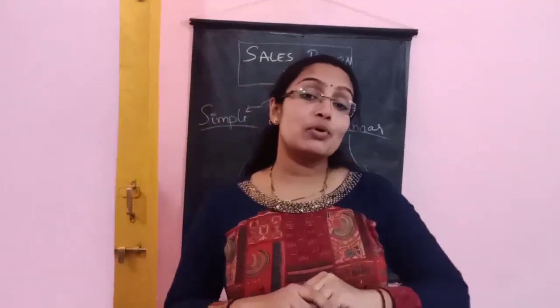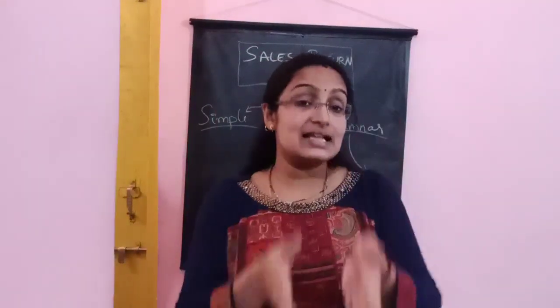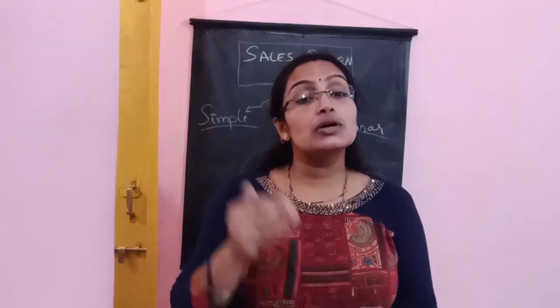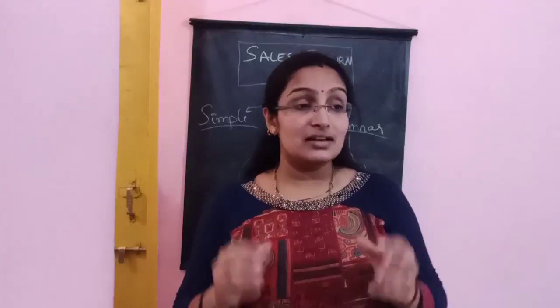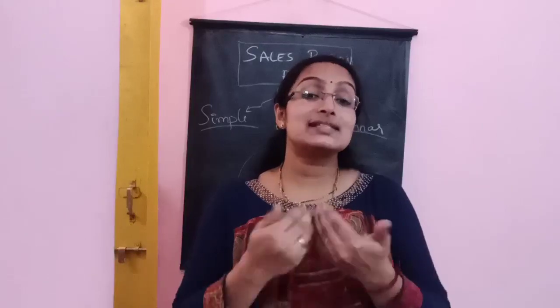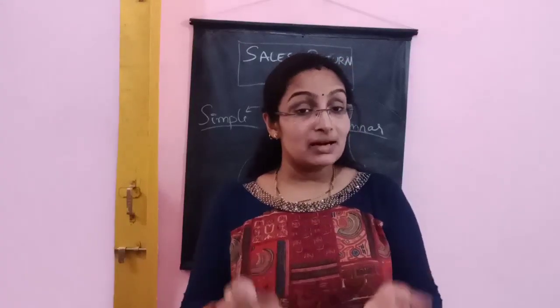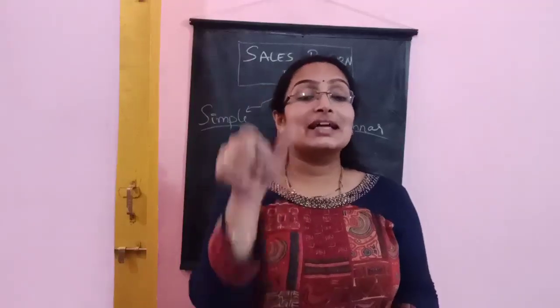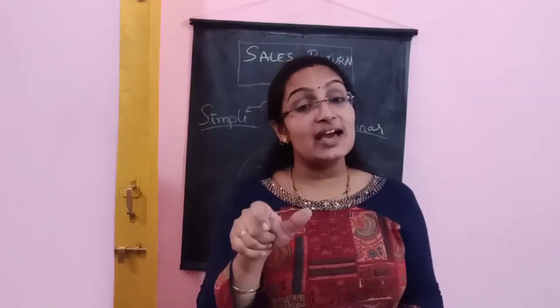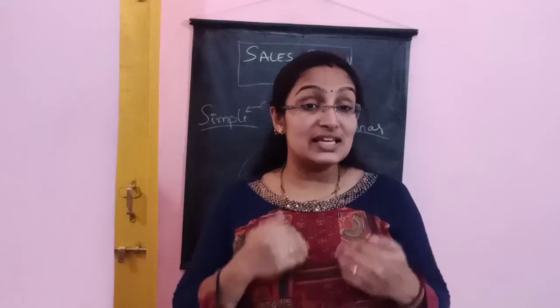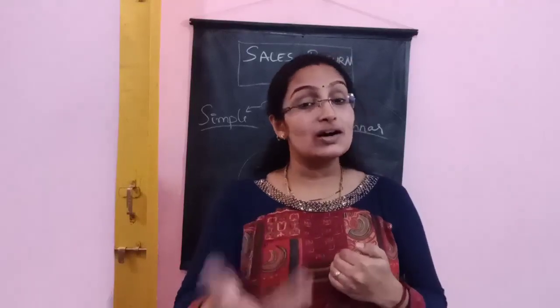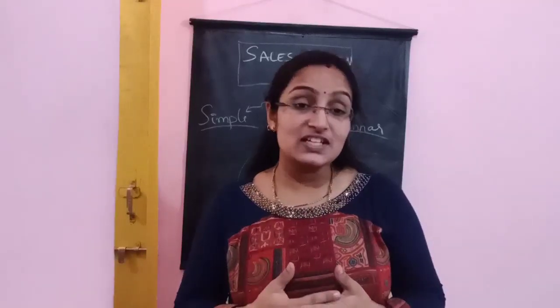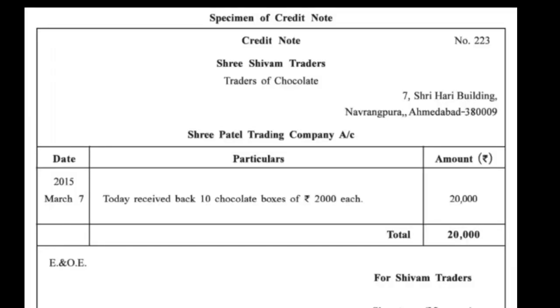But one most important thing is that in sales book we had the outward invoice number, the number of invoice which we send to our customer. But in sales return book, instead of the outward invoice number, we have the credit note, which we send as a supplier to our customer that we have received your goods.